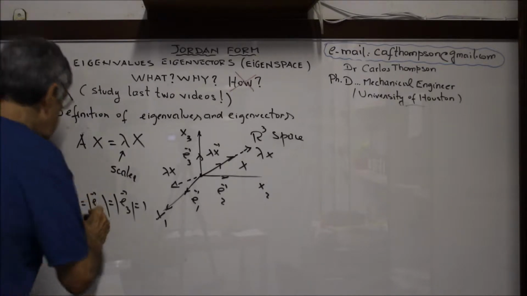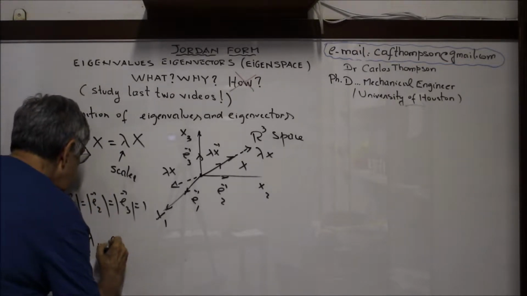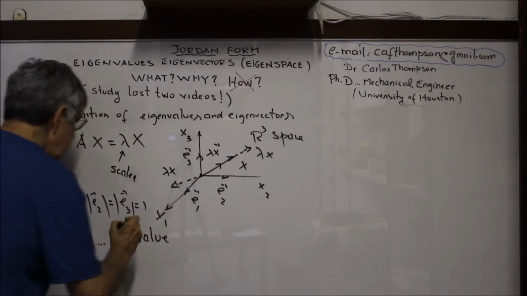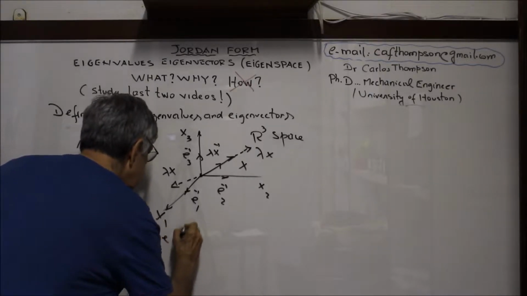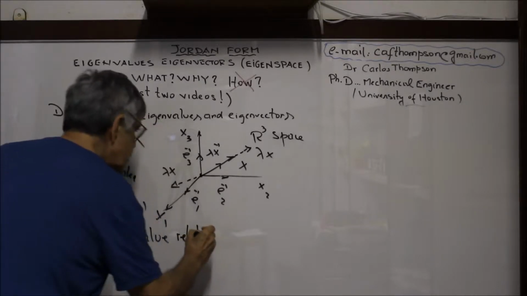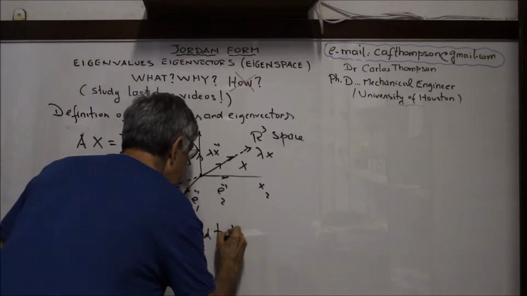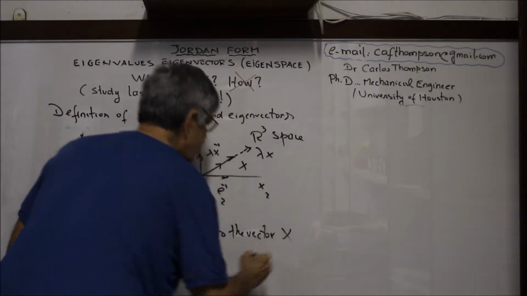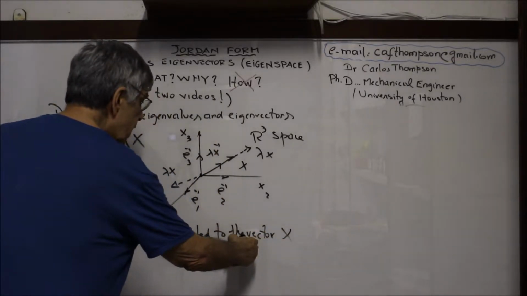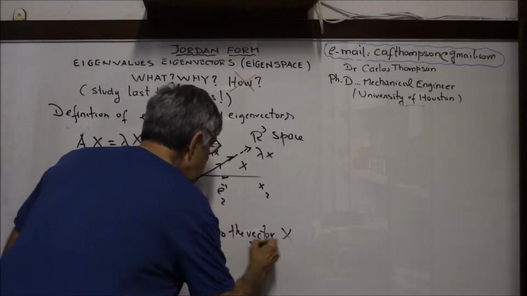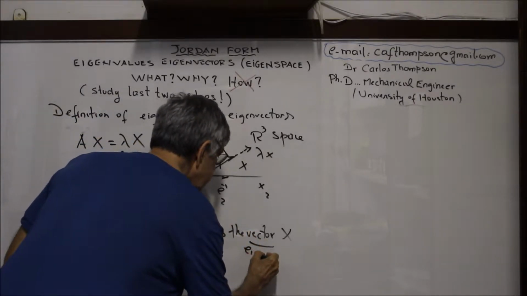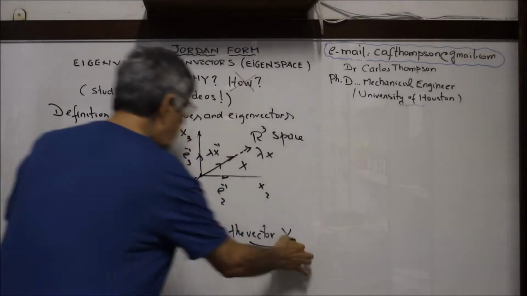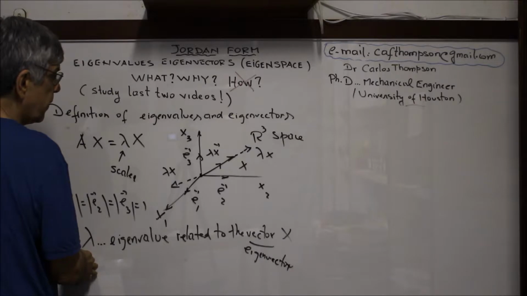Lambda is the eigenvalue related to the vector x. This vector x we call the eigenvector. The eigenvector is associated with lambda.